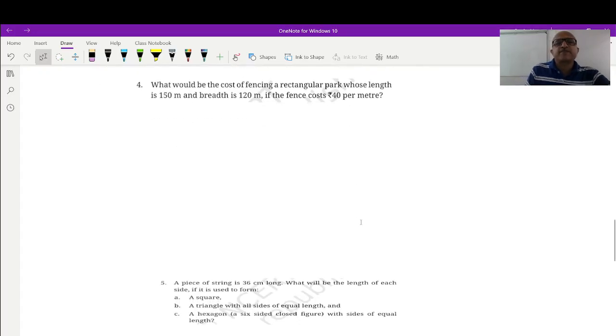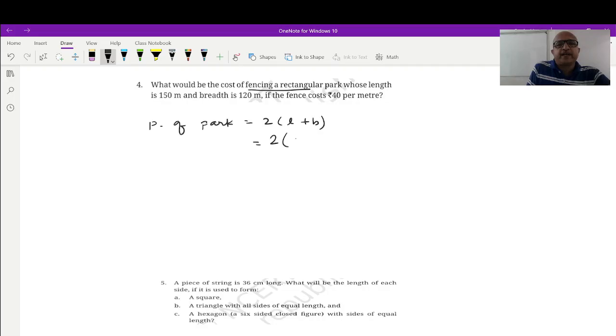Now next, what will be the cost of fencing a rectangular path? Now here we want to do fencing. So we are supposed to find the perimeter, not the area. As it is given fencing, that is a boundary. So first we'll find the perimeter of the park, the rectangular park. The formula is 2 in a bracket (L plus B).